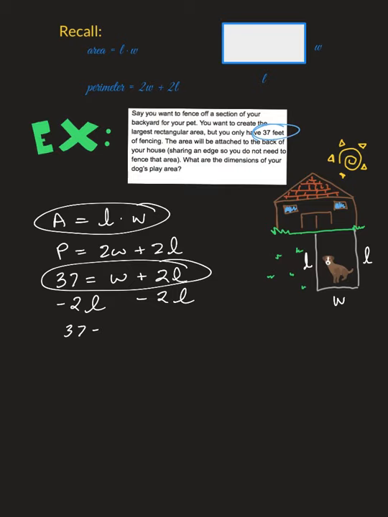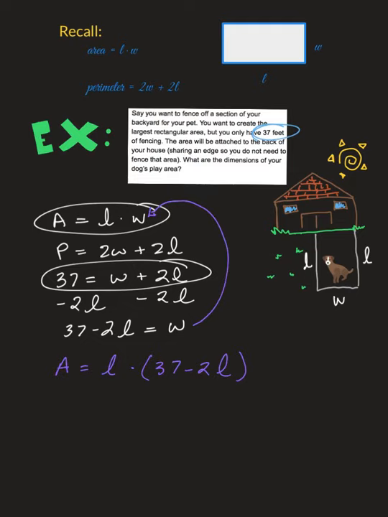So we get 37 minus 2L is equal to W. From there, we do a substitution: I'm going to take this W and plug it into the first equation. So now we get area is equal to length times all of 37 minus 2L. It's the whole thing being multiplied, so we need to add in parentheses.